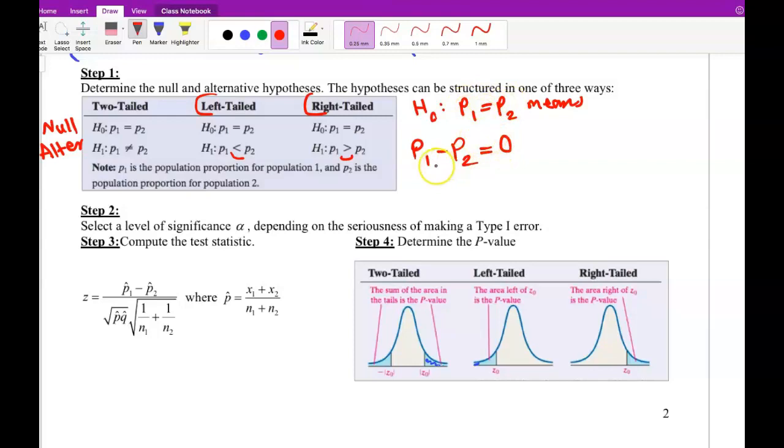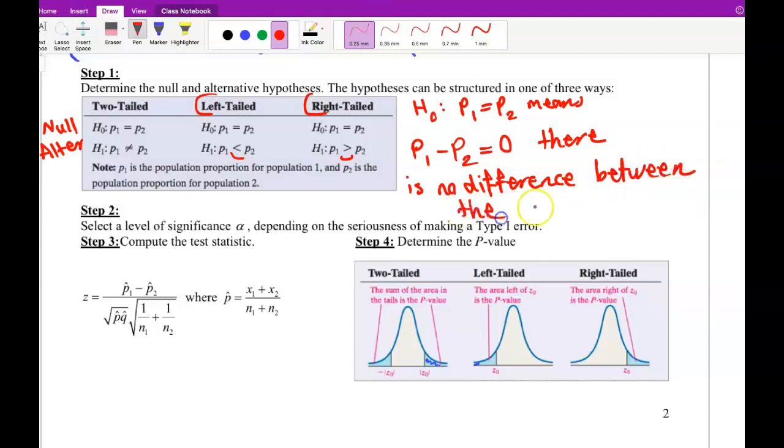Since these two are equal, if you subtract them, the difference is 0. So there is no difference between proportions.